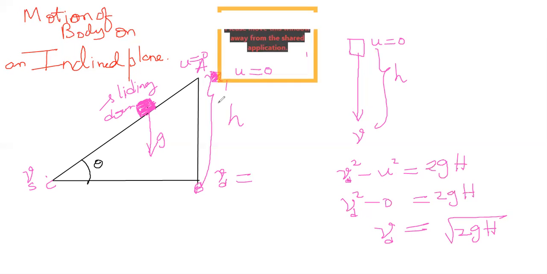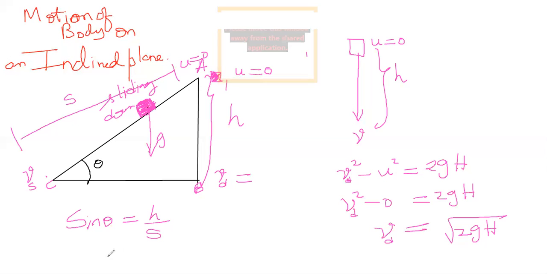Now let us see what v sliding will be. To find v sliding, you need to know this length of sliding. How do you know that? By using what? Hypotenuse, sir. Opposite side by hypotenuse, sine theta. Sine theta is equal to the opposite side H by the sliding length s. So what would that s be?